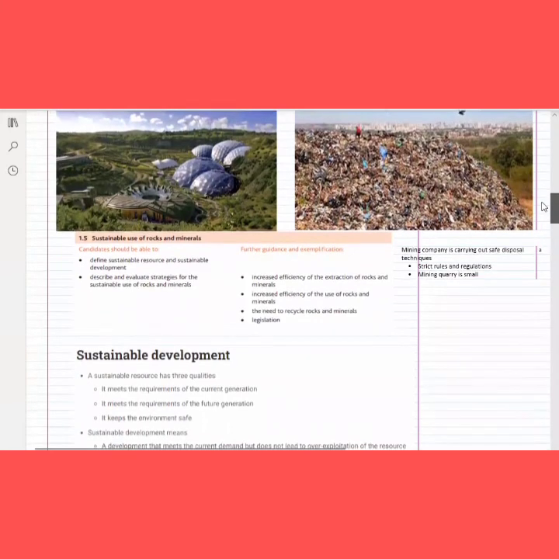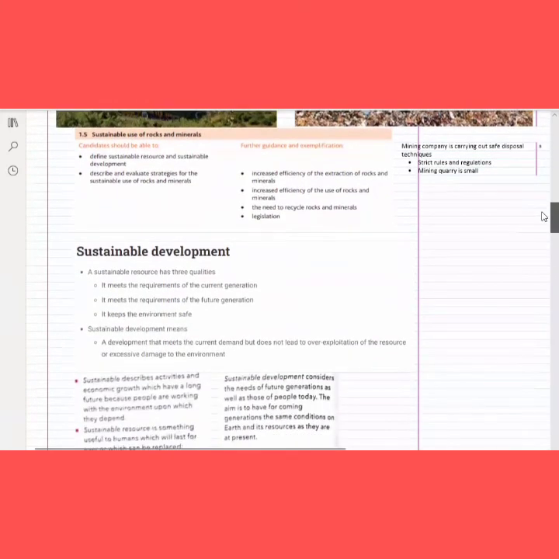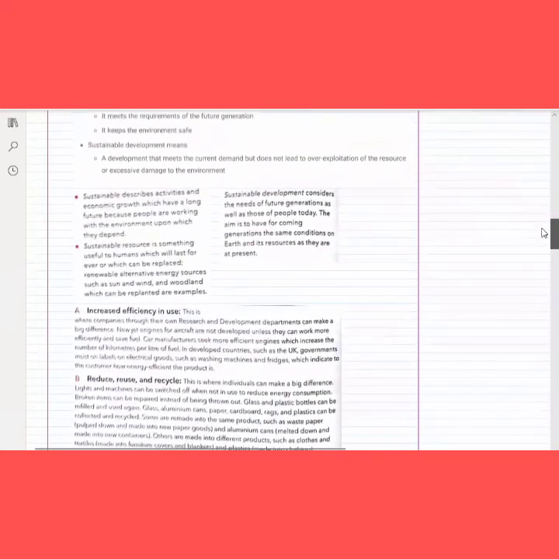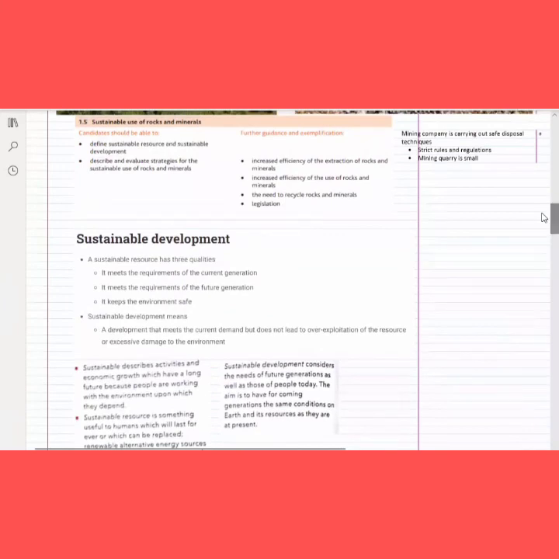Okay, so this is finally the last pointer of the syllabus. After every chapter, you have the idea of sustainable development. And in this chapter, you will also be introduced to what sustainable development is. So when you're talking about sustainable development, you have the simple idea of fulfilling the needs of the present generation, fulfilling the needs of the future generation, and protecting the environment as well, right?